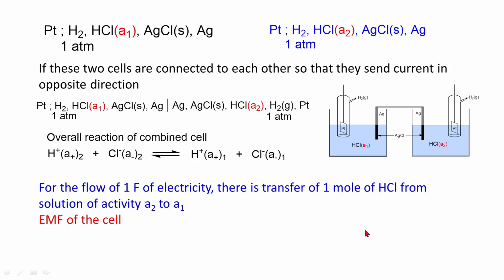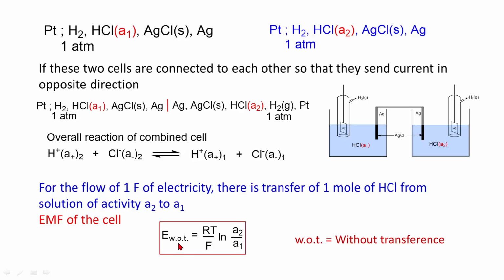EMF of the cell after calculation comes out to be E_WOT is equal to RT by F natural log A2 by A1, where WOT is without transference.